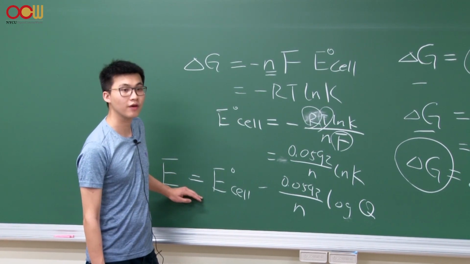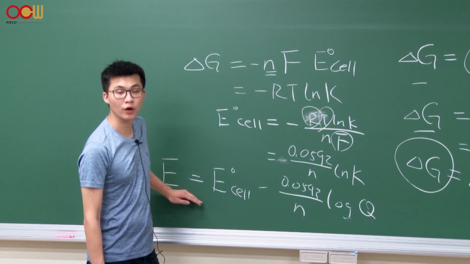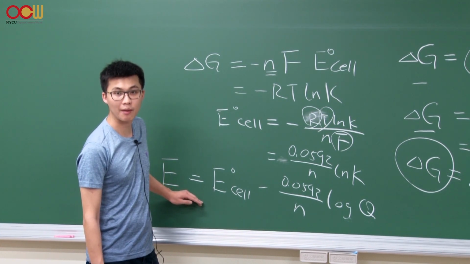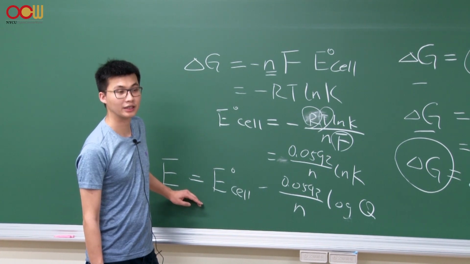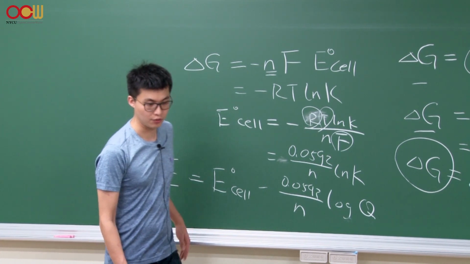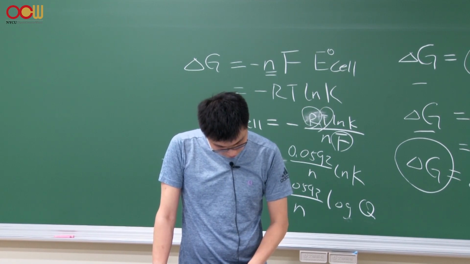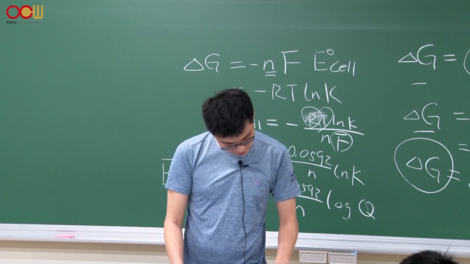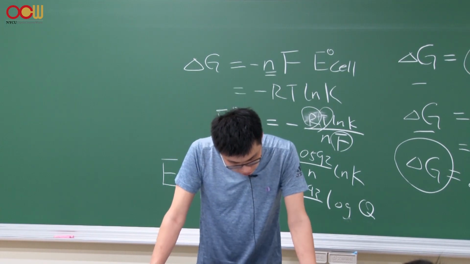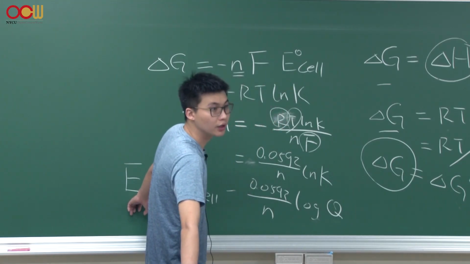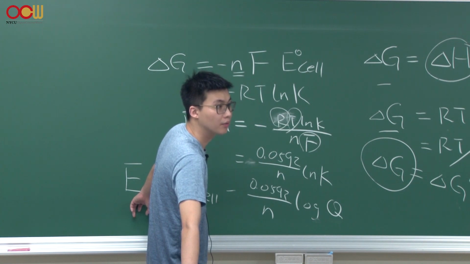When people first developed the battery, we wondered about its thermodynamic parameters. These equations explain the maximum amount of work a battery can do. By doing these calculations, it's pretty straightforward. Like I said, when Q is equal to K, this will become 0, and that's when you know it's at chemical equilibrium.